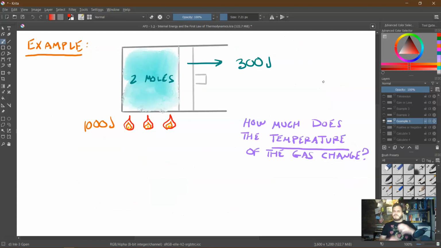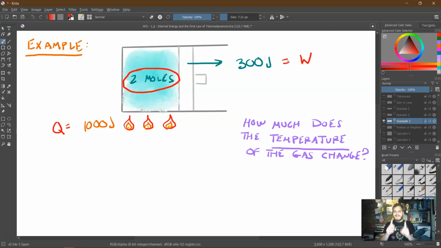Let's look at an example to try to see the first law of thermodynamics in action. Imagine we have a piston here, and this piston has 2 moles of gas in it, and we're going to say that we are heating it up, and that there is a change in thermal energy, or a heat, of 1,000 joules, and additionally the gas is expanding, so there is 300 joules of work done.